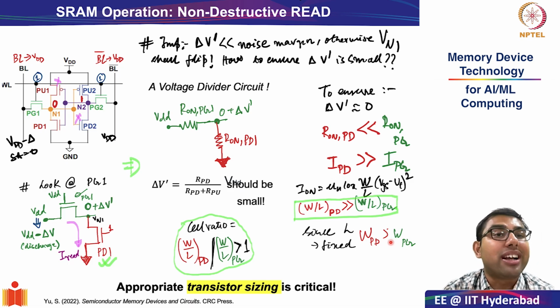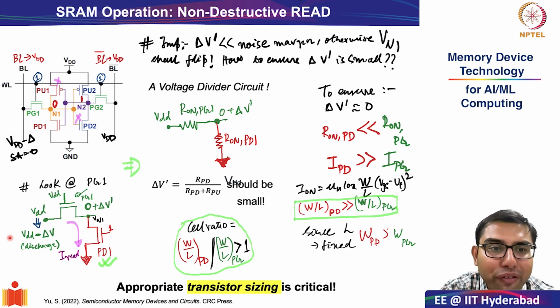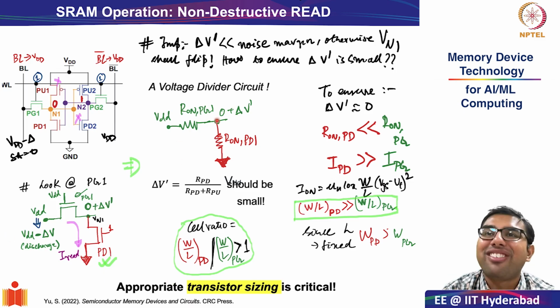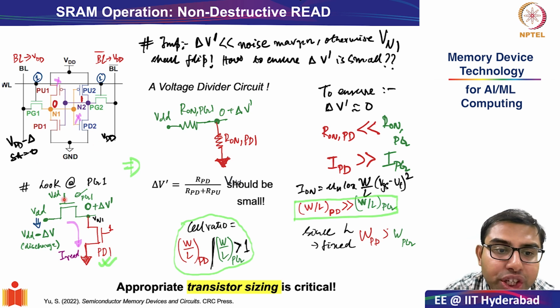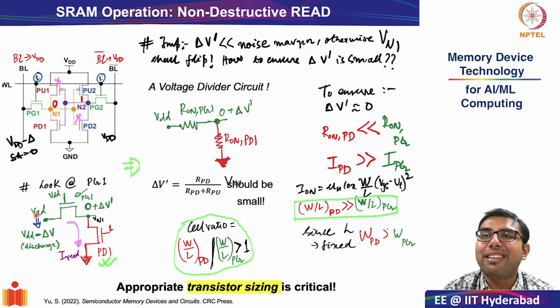Therefore, we conclude that the read operation happens only from these 2 transistors out of this dense matrix of 6T SRAM cell. This is facilitated by the read operation, which causes a discharge on bit line and a slight positive voltage delta V dash on the internal storage node.